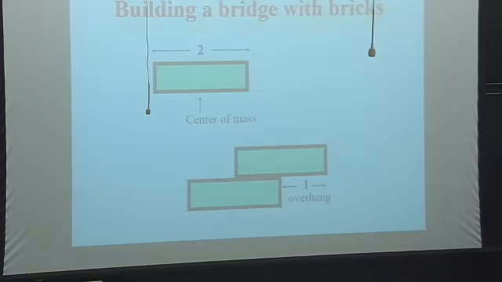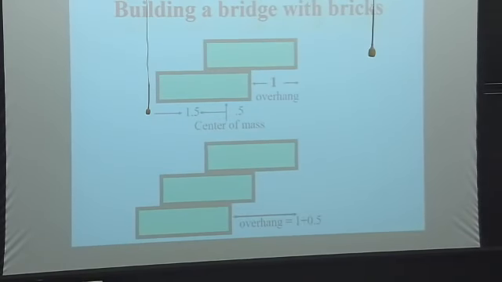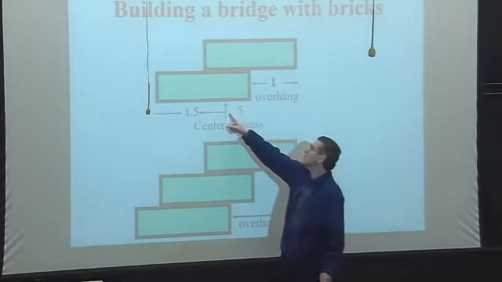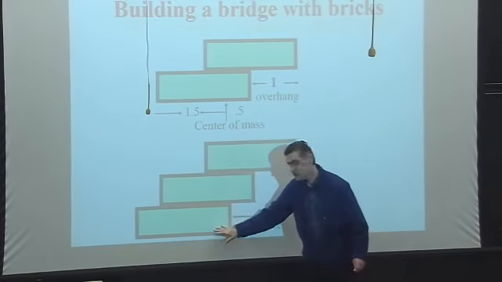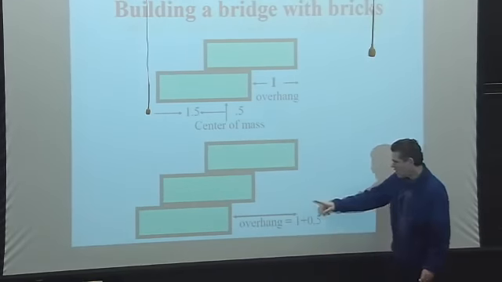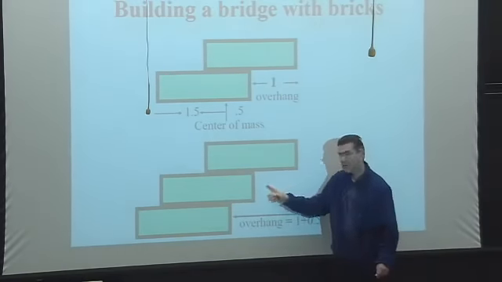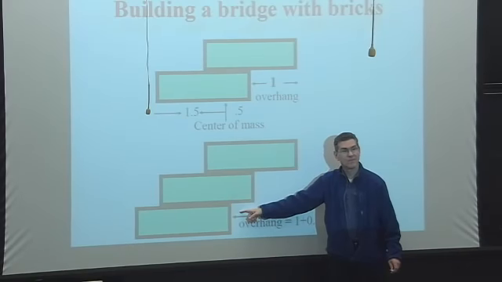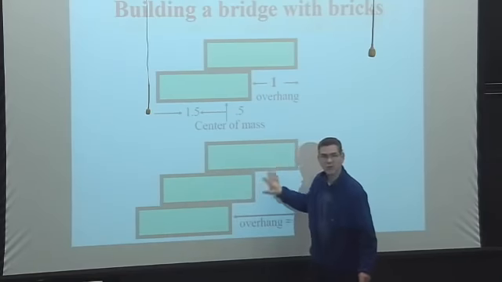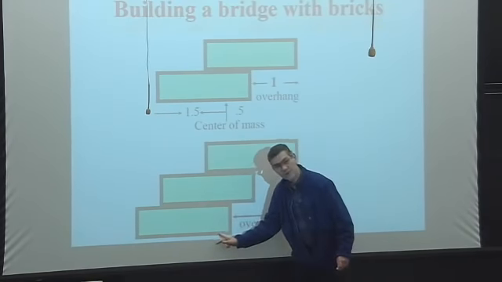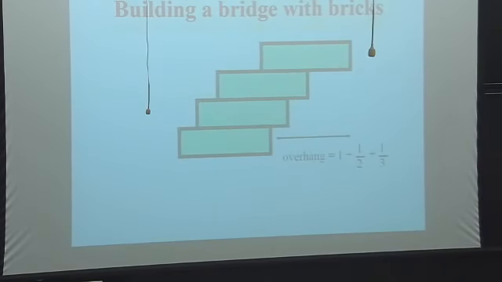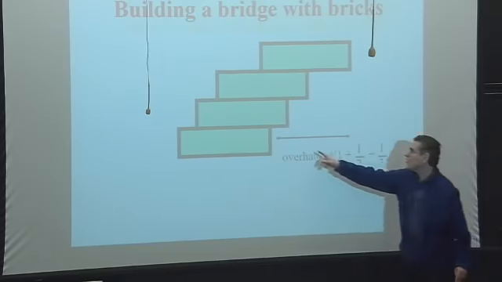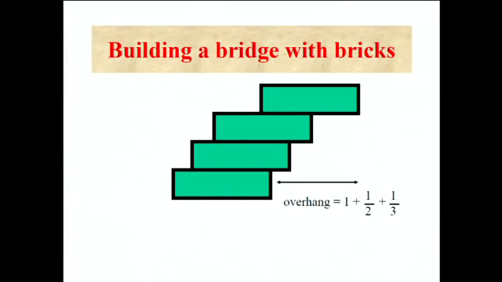So since the center of mass is right here, a distance of 0.5, if I pile this and this on top of this brick, now I have an overhang of 1 plus a half. Now the center of mass of this structure is over here. So if I pile that on top of another brick, now the overhang here is 1 plus a half plus a third.